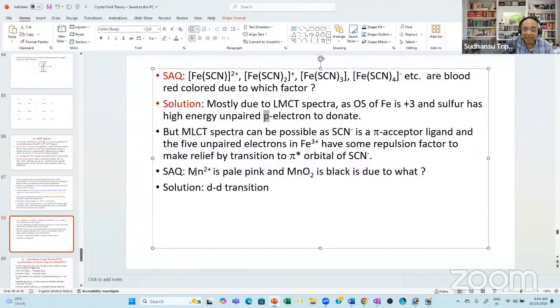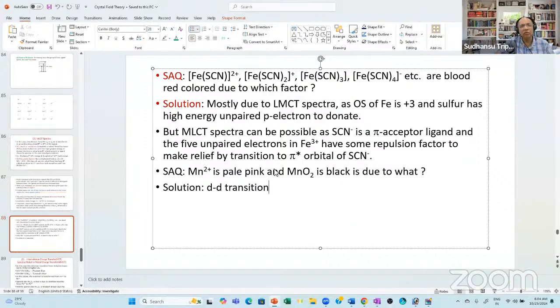Well, manganese(II) is pale pink and manganese dioxide is black. What is this due to? It is due to d-d transition. Here, Mn2+ is d5 configuration. There is the aqua complex, in water there is the aqua complex.